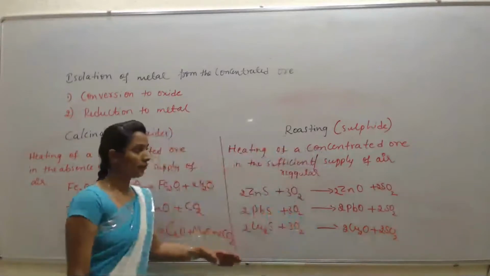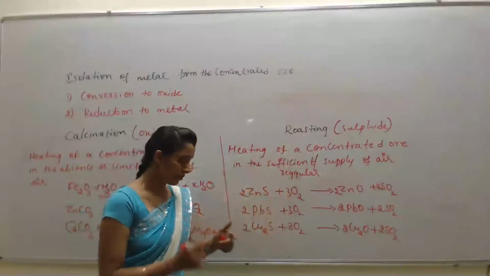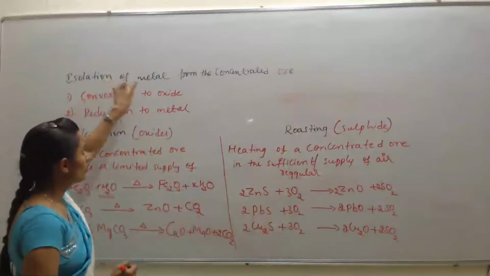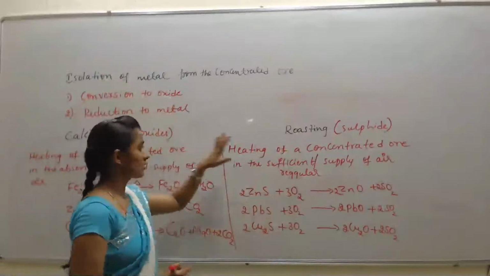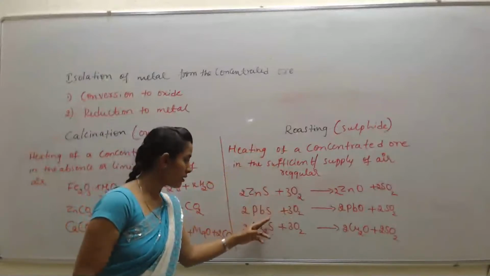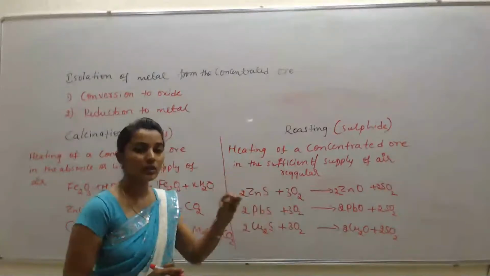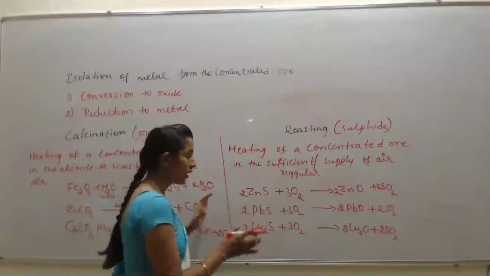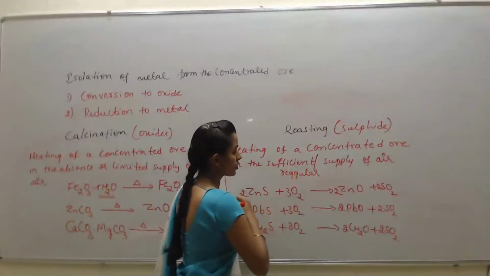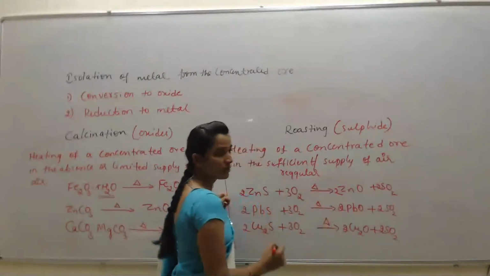Only the sulfide ores are preferred for roasting, because in the presence of oxygen the process converts the concentrated ore to oxides. In calcination there is no air, but in roasting, in the presence of air, we require oxygen, because these are all sulfide ores with no oxygen in them. To convert them into oxide, we require oxygen molecule, and air contains oxygen. So when they are strongly heated in the presence of air, they use oxygen.